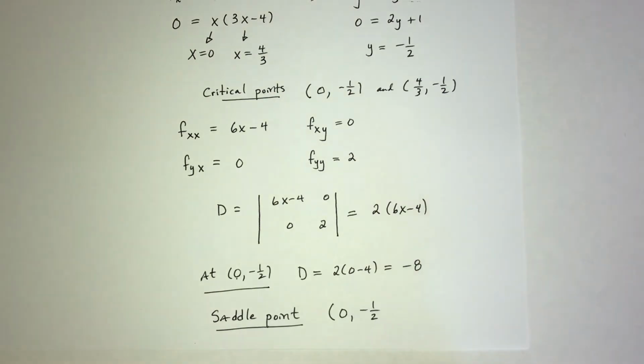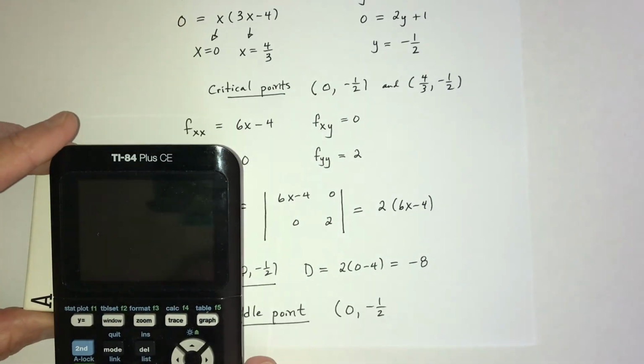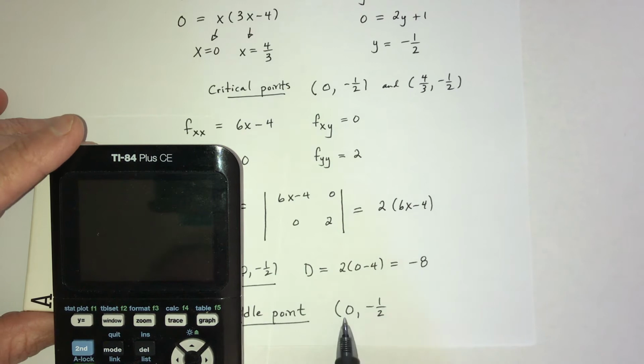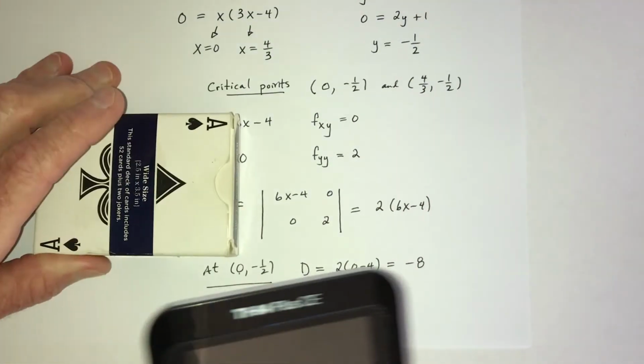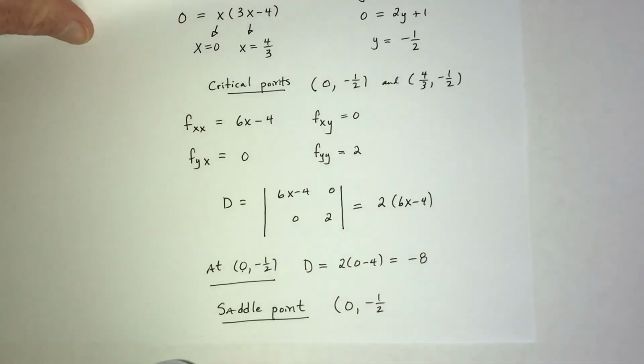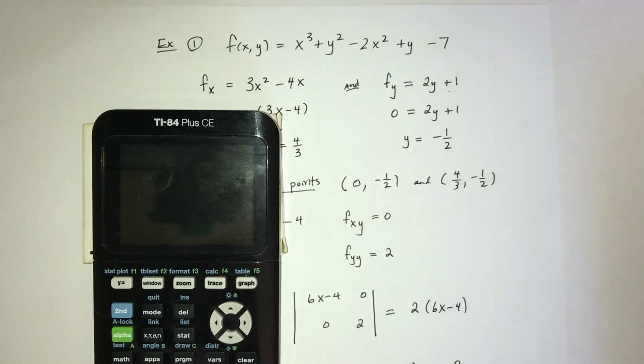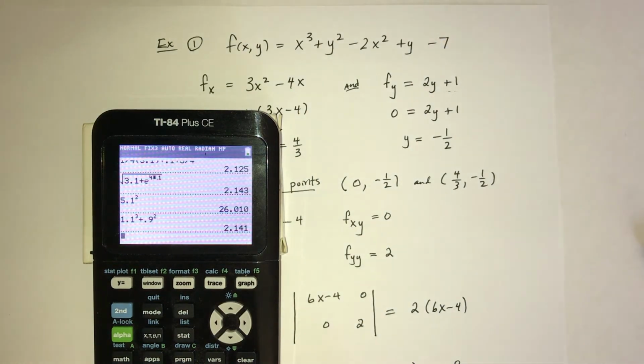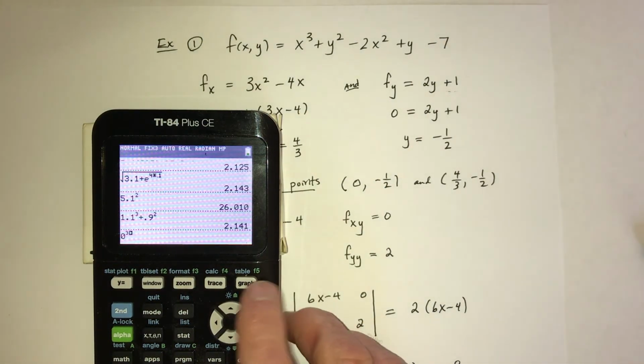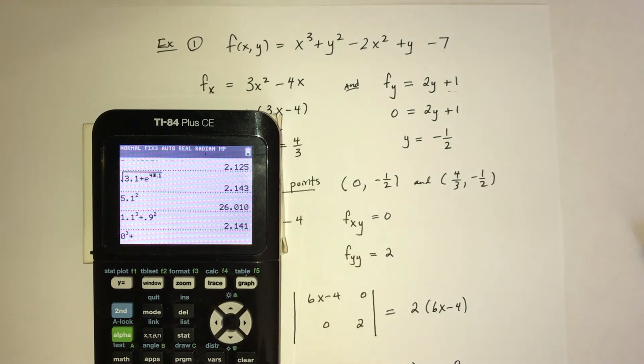And sometimes you'll be asked for the z value and sometimes you aren't. So I'm just going to go ahead and find the z value. So I'll take 0 and negative 1/2 and then substitute that back into the function. So x is 0 and y is negative 1/2.